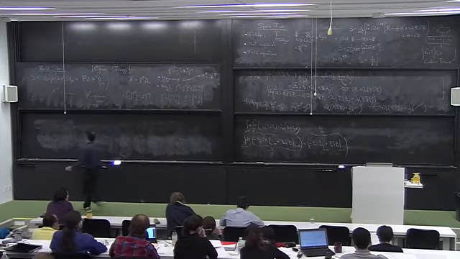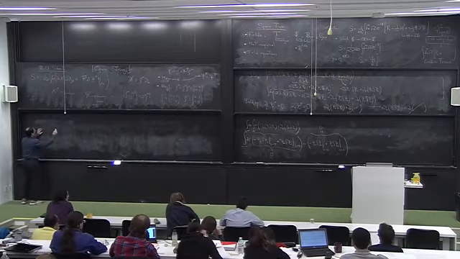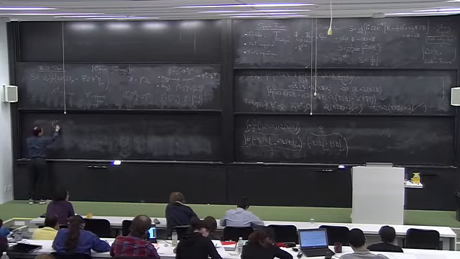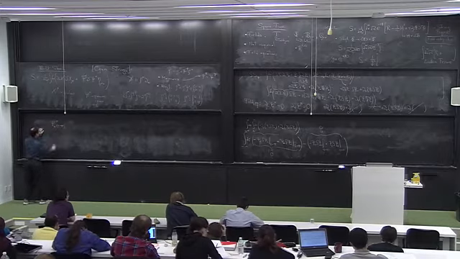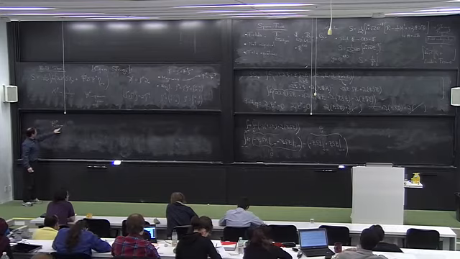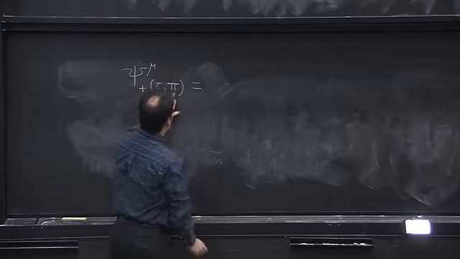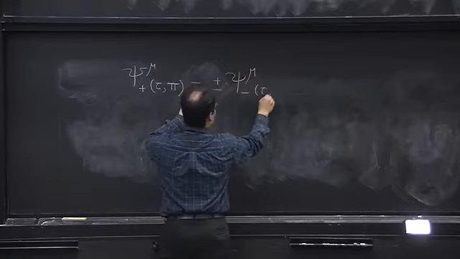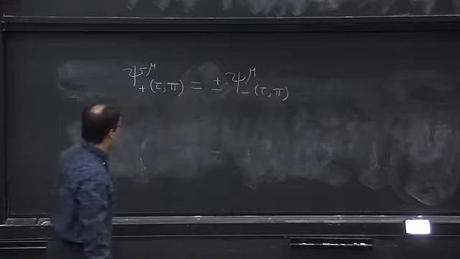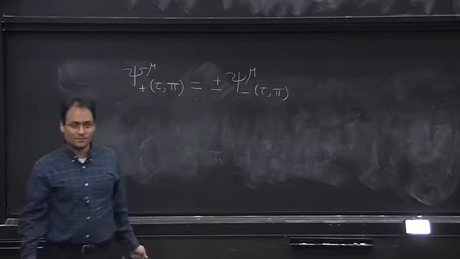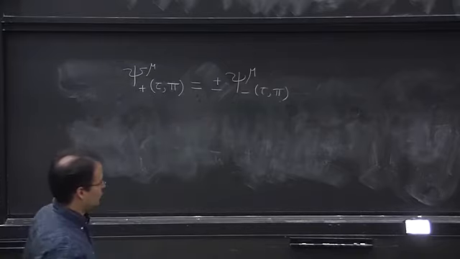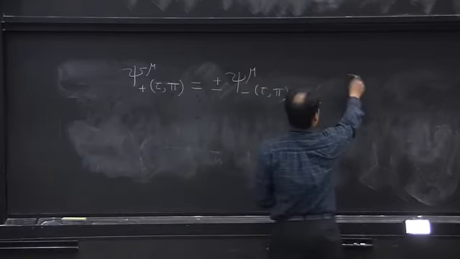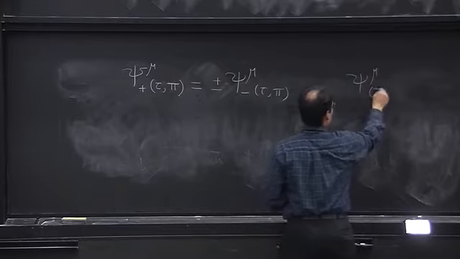So in order to satisfy those conditions, we can set psi plus at pi to be plus or minus psi minus at pi. It can be any of them because we have the product of two factors, so we can actually choose plus or minus. On the other end, we can have the same thing.